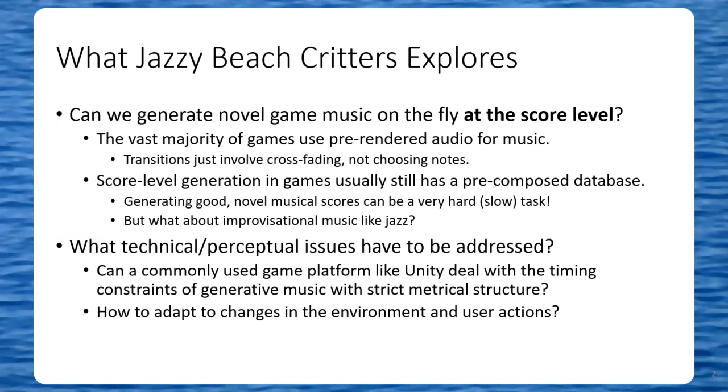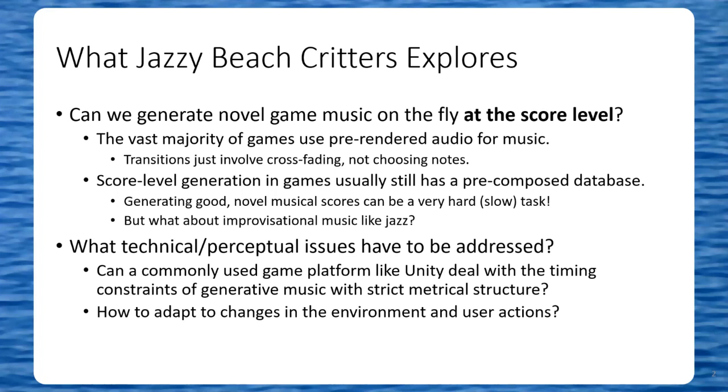There are some people who have explored what you can do at the score level, but everything I've seen on that side still has some sort of pre-composed database of scores to pull from. What we were interested in is, what if you don't have a database to rely on? You just have your generative models and you have to come up with everything on the fly.